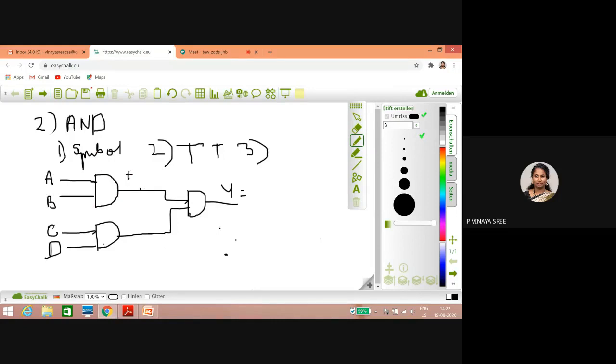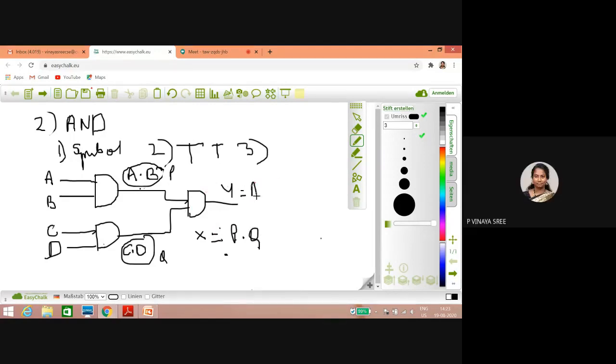According to the AND gate, A dot B. Now coming to this, it is C dot D. Now consider this entire A dot B as X and this entire C dot D as Y. Here Y will confuse us already, so instead we will go for P and Q. We consider this as P and this as Q. So what will be the output from this? You have to get P dot Q.